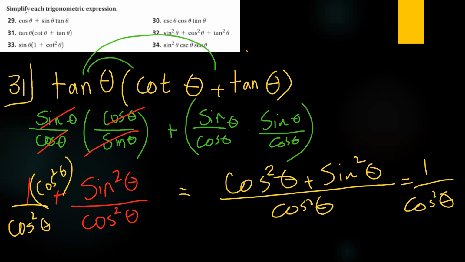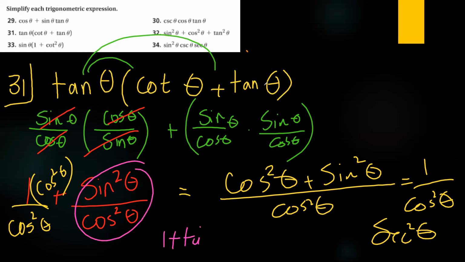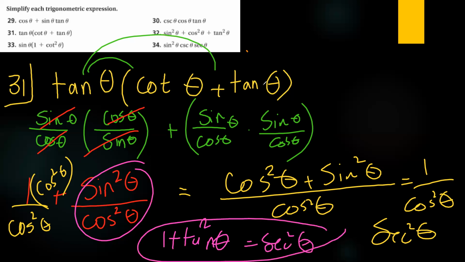Teacher, if we have it like that, it's okay, right? Yes, you have to get the same answer. Or here, as she said, 1 plus tan squared equals secant squared. This is also a third way.